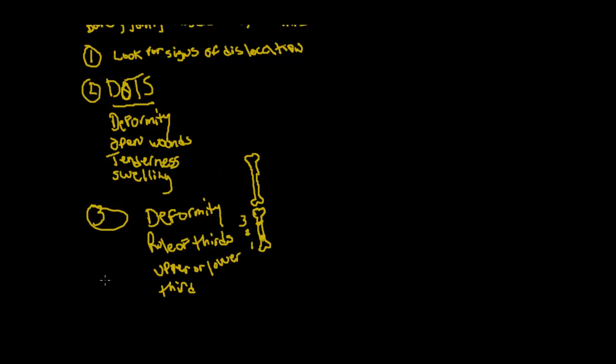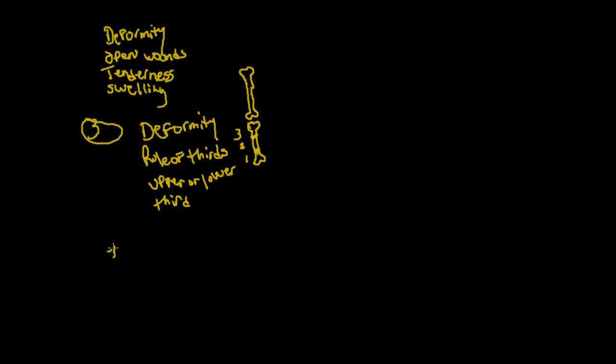So let me scroll down here. We also want to consider the cause of injury. So you're going through this cause of injury, another acronym your book uses. So you want to consider the cause of injury, and that can tell you a lot about what's going on.